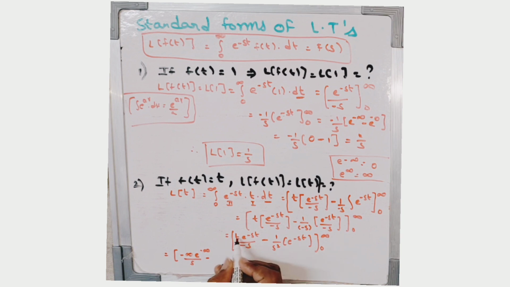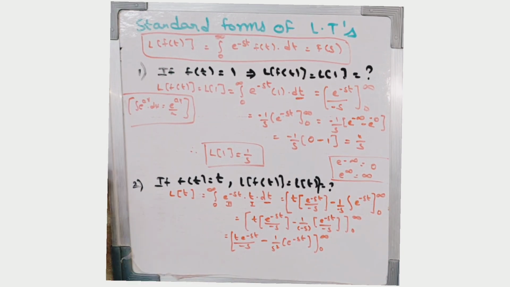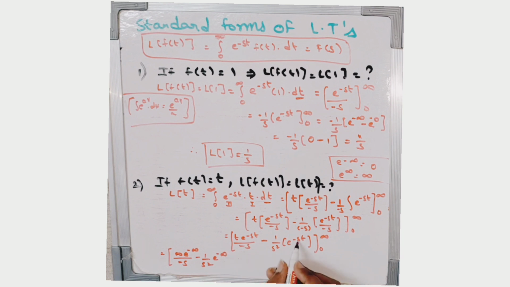In place of the t value substitute 0. 0 into something is 0, so that becomes 0, right? Okay, fine. Or else just substitute in this manner. First substitute the upper limit for this whole thing, that is infinity into e power minus infinity by minus s minus 1 by s square into e power minus infinity. In place of t you have to substitute infinity, right?